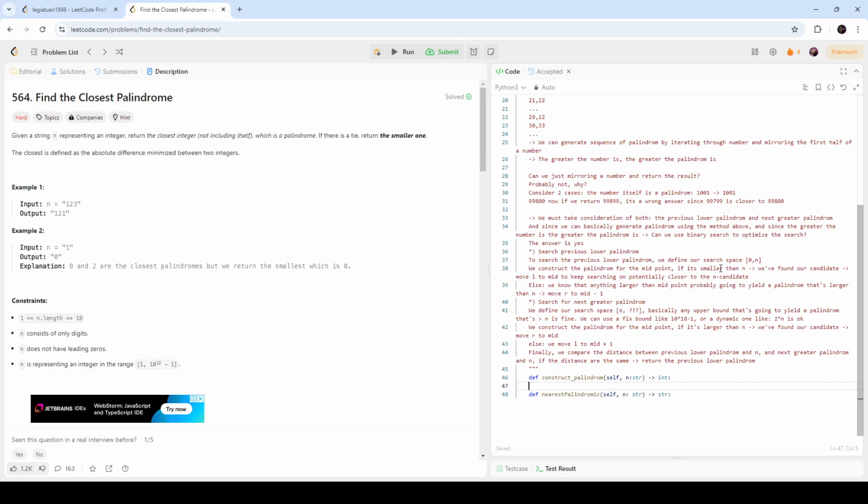One to construct the palindrome, one to find the previous lower, this is going to take this string and return an integer, and one to find the next greater.